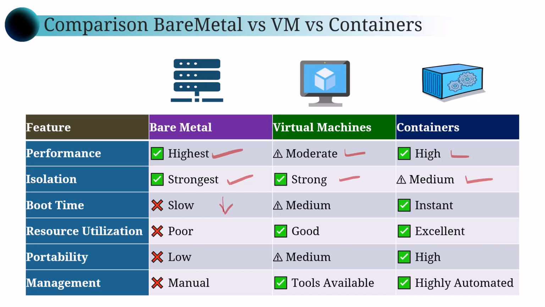Bare metal has a slower boot time compared to virtual machine, whereas a container boots up very quickly. Resource utilization is excellent in containers, good in virtual machines, and poor in bare metal. Bare metal has low portability compared with virtual machines, whereas in containers the portability is pretty high.